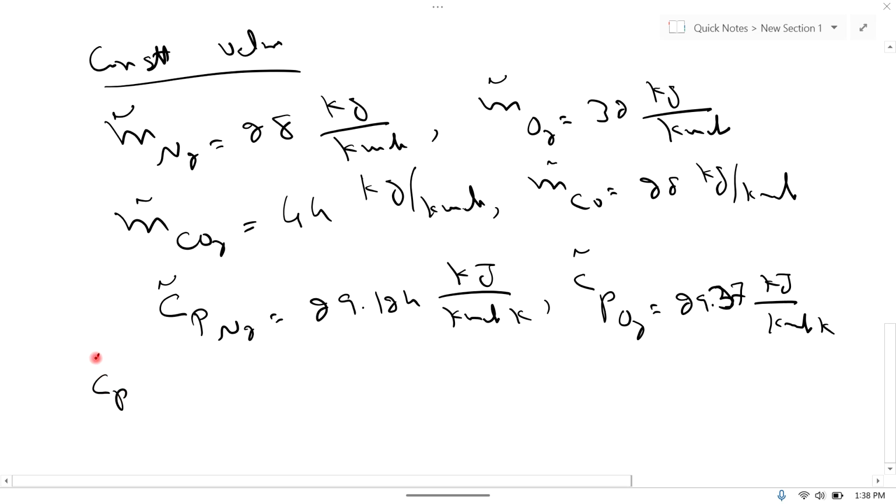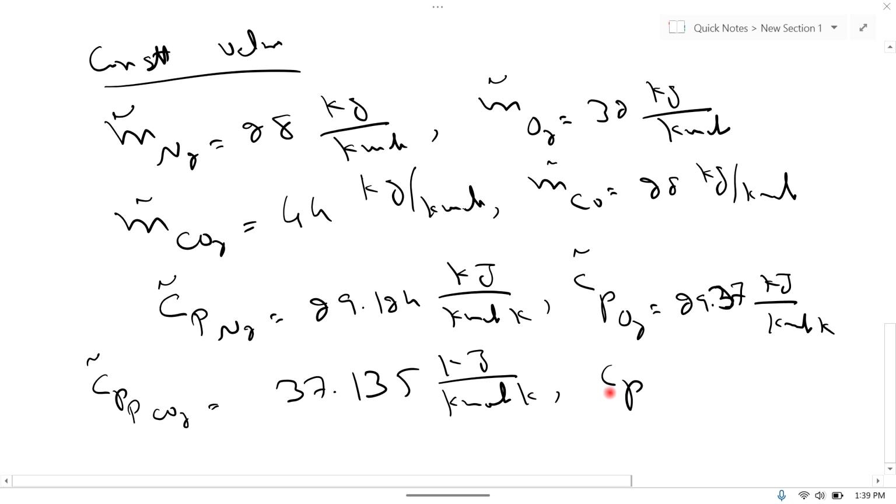Similarly, molar specific heat at constant pressure for carbon dioxide is equal to 37.135 kilojoule per kilomole per Kelvin, and Cp dash for carbon monoxide is equal to 29.14 kilojoule per kilomole per Kelvin.